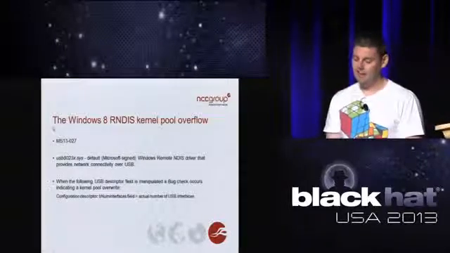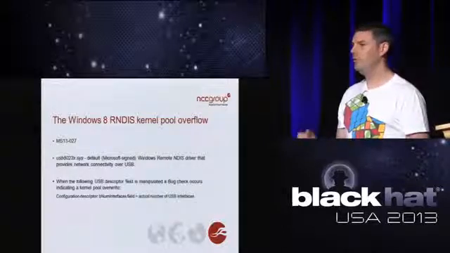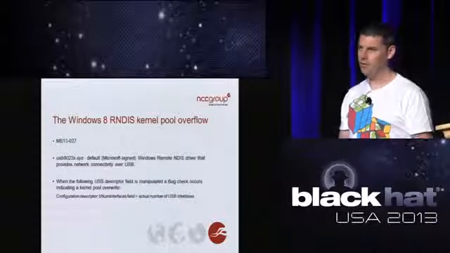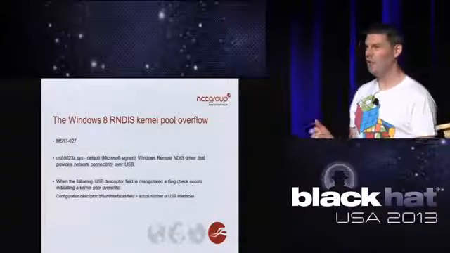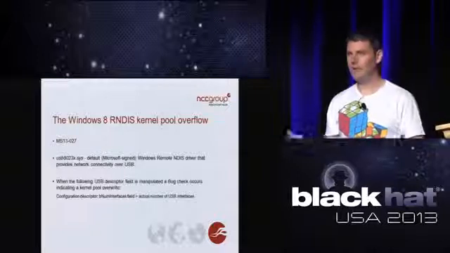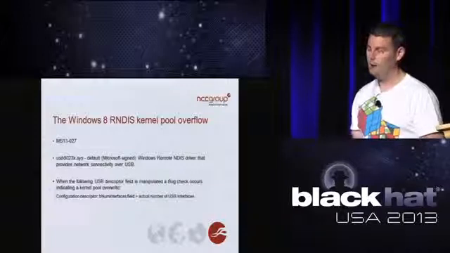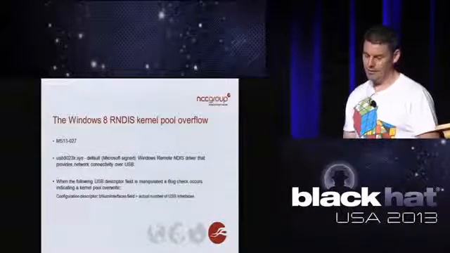the RNDIS protocol is for allowing USB devices to talk via the host that they're connected to out to the internet. So it was actually on a TomTom device. I was using a sat-nav TomTom device, which when you plug it into a host, it goes off to try and find out if there's more map information available on the internet.